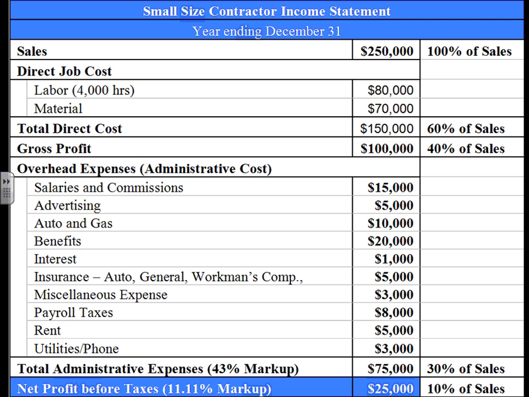So my overhead right here is 30%, then my profit in reality is only 10%, because 40% before my overhead is supposed to be my gross profit. I took 30% of it as my overhead, which I should. Then, long story short, my real profit is the 10%. But 10% of what? 10% of the sales of the project.